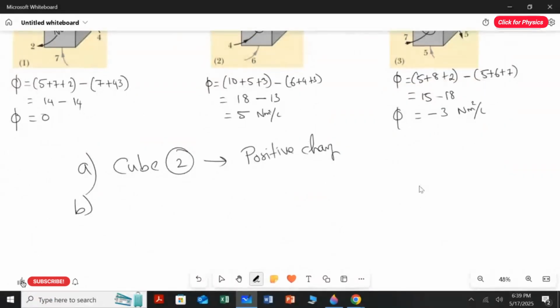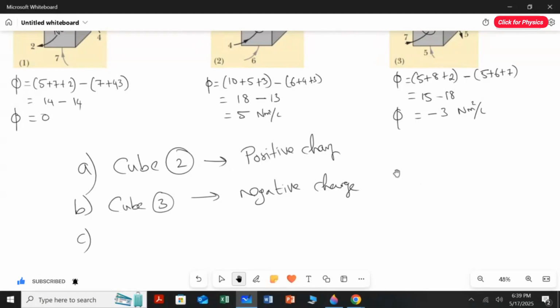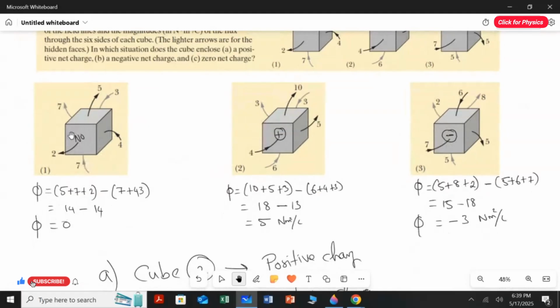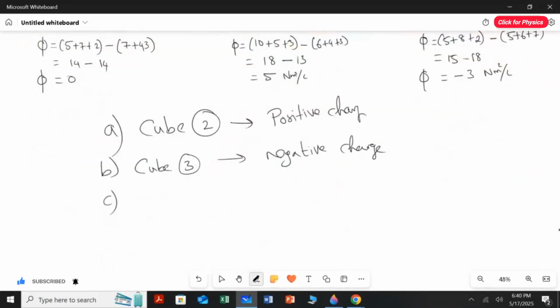Cube 3 has negative charge, and then 0 charge, that means 0 net charge. No flux means no charge, that means 0 charge is inside. So cube 1 has no charge. Cube 1 has 0 net charge. So this is the answer for this question. That's it. Thank you.